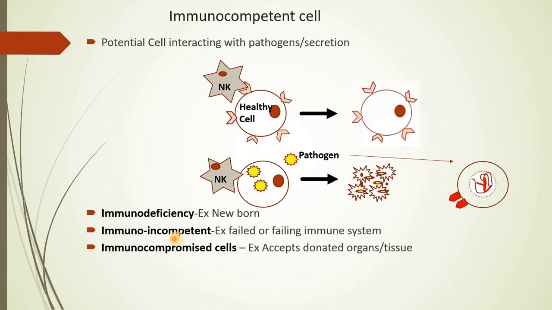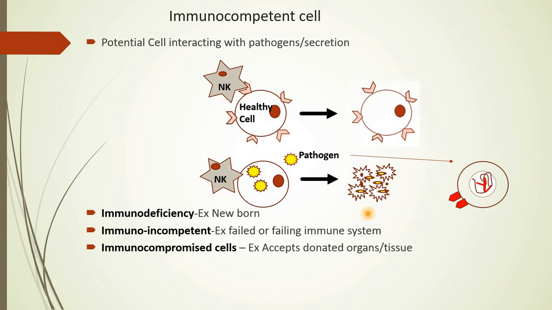The second terminology which is relatively used in immunology is the immunoincompetent cell. Here, incompetency is with reference to failing of the immune system to show immune action. That means the immunocompetent cells are probably not able to overcome the action of the pathogen, as a result of which they cannot identify the infected cell, neither can they identify cells with certain kinds of differences on their surface which are not seen in the bodily cell.